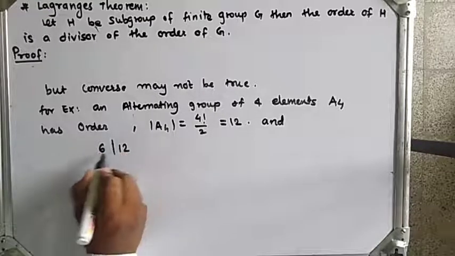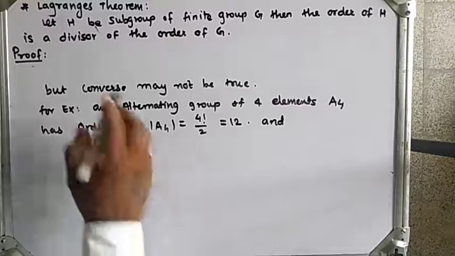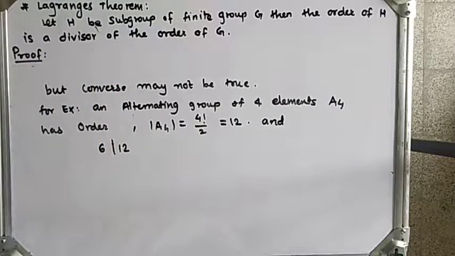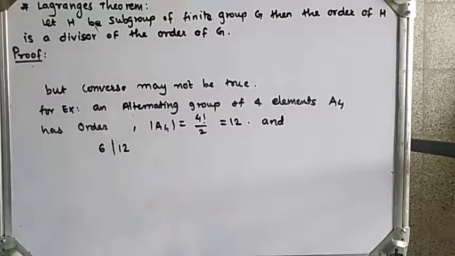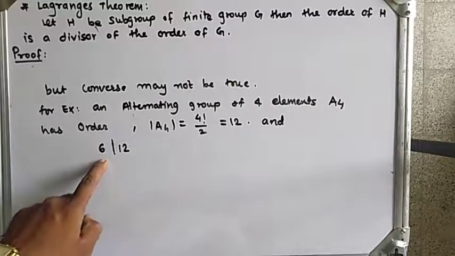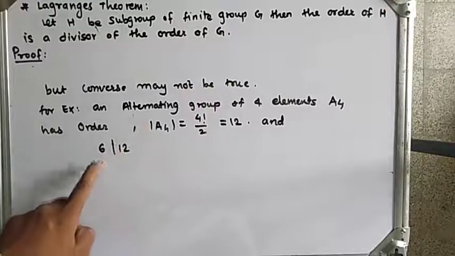Lagrange's theorem says if H is a subgroup of a finite group G, then the order of the subgroup divides the order of the group. But for numbers which divide 12, it may not be that there exists a subgroup of order 6.